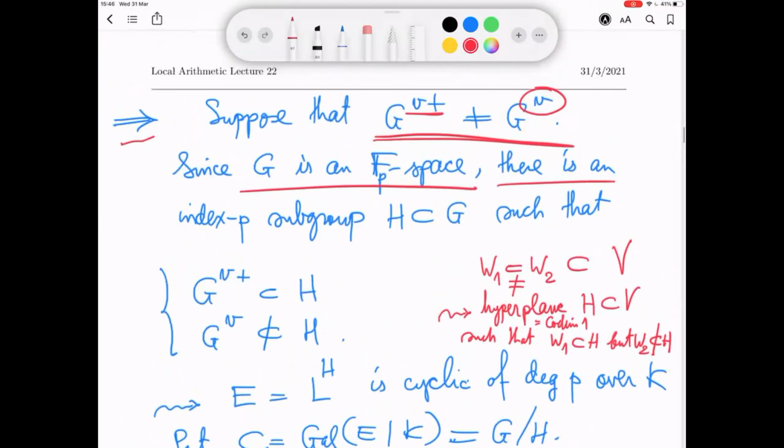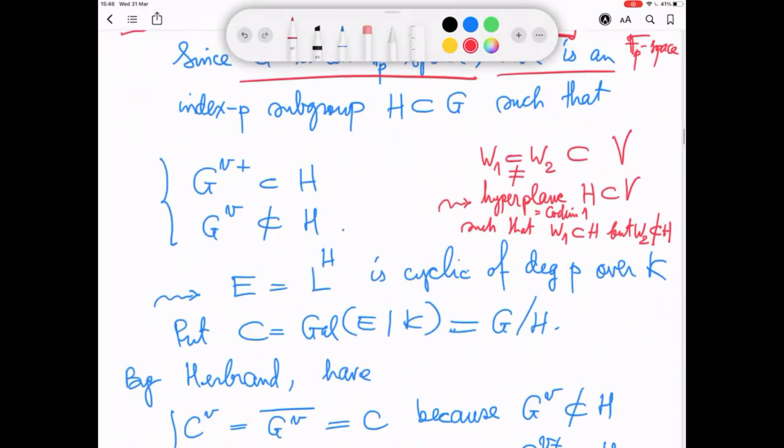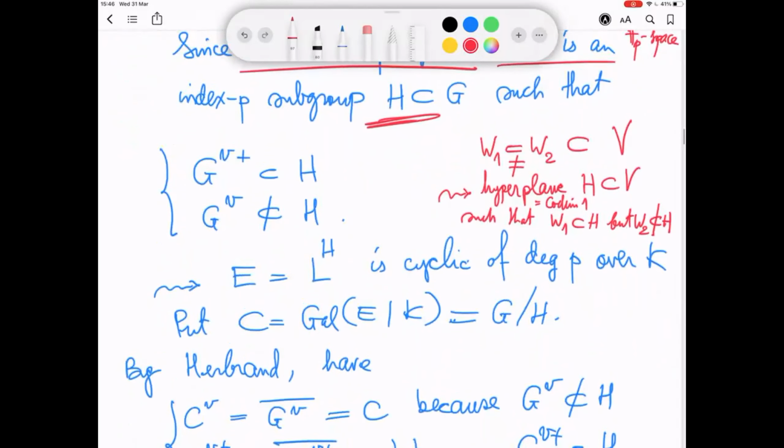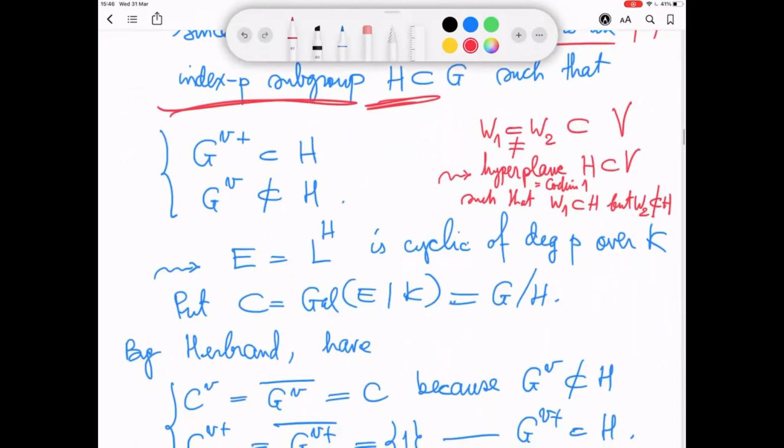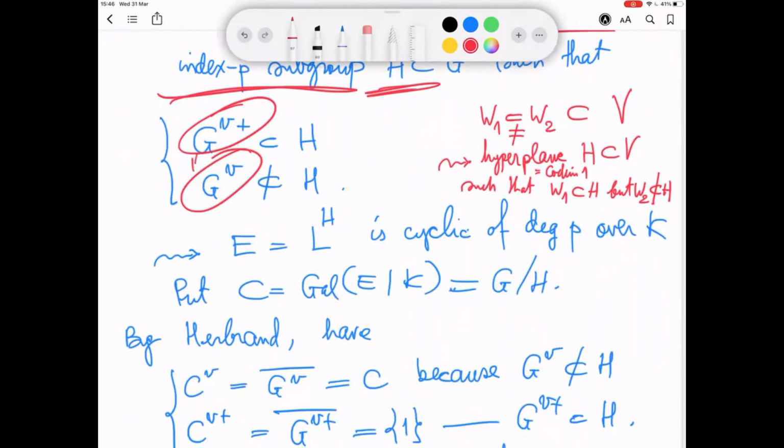So here are two subspaces of my vector space G. I mean, G is a vector space over F_p, right? So there is a hyperplane H, which just means a subgroup of index p, which contains the smaller subgroup but does not contain the bigger subgroup because they are not equal, right?